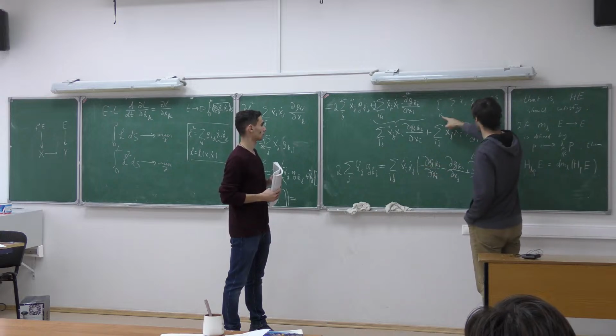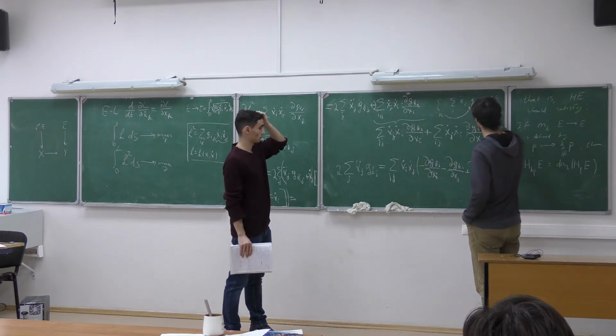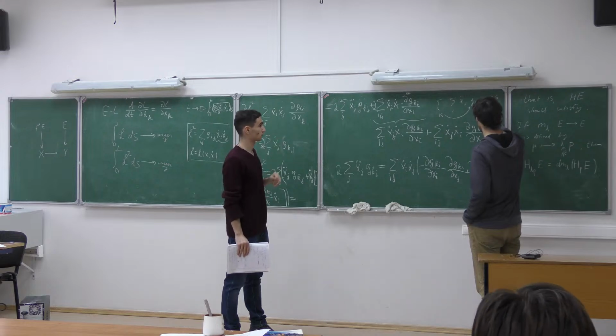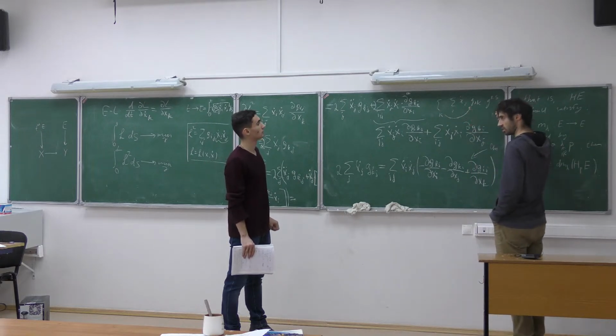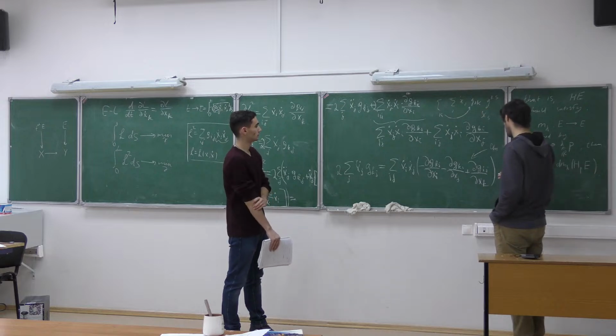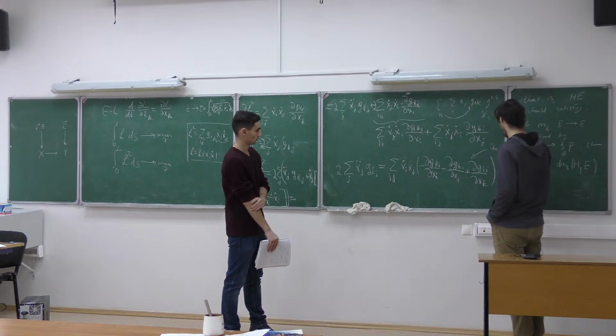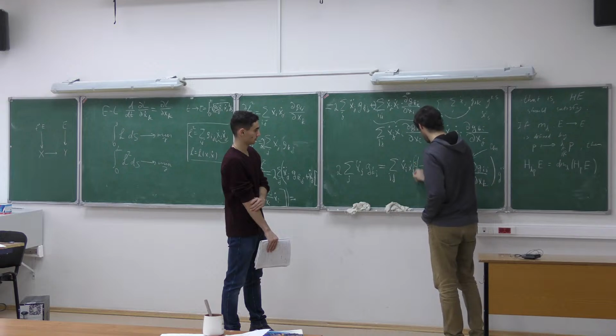The sum over k goes here, and this will be delta js, the sum over k of this is delta js. So I will have xs double dot on the left-hand side, and here I will have g^{ks} and the sum over k.